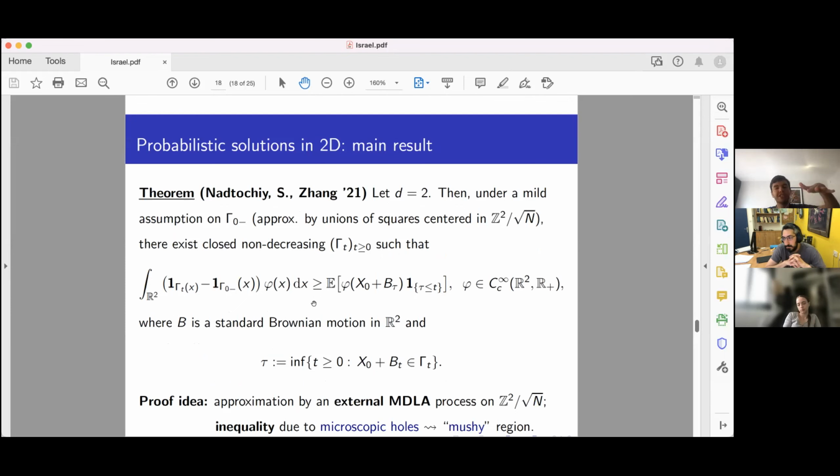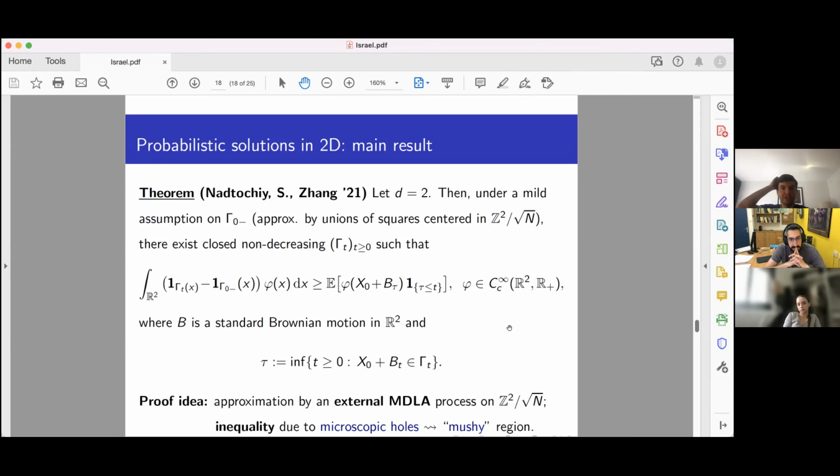So this inequality is saying that the volume by which the ice will grow in every small ball will be at least that hitting probability that I described. So the hitting probability of Brownian motion hitting the set within this particular small ball, for all small balls.